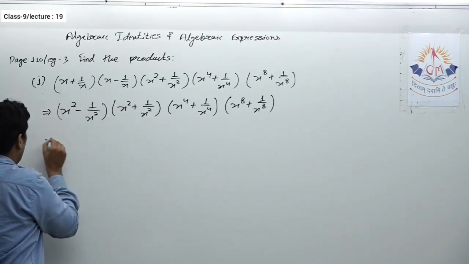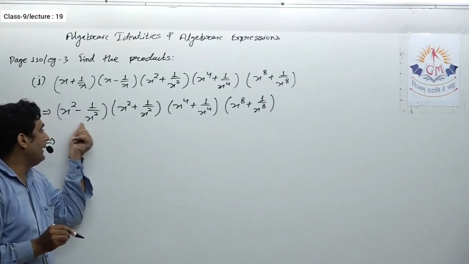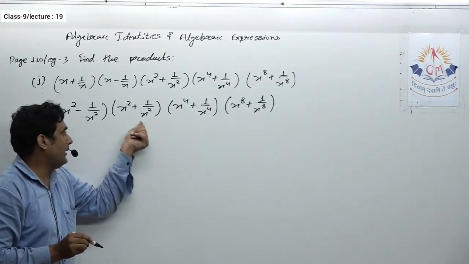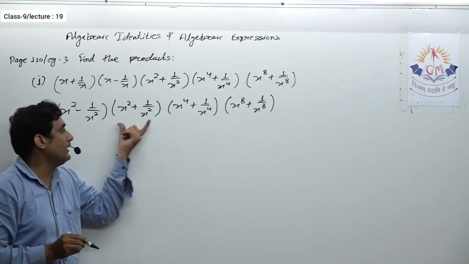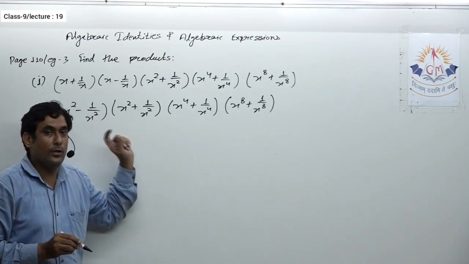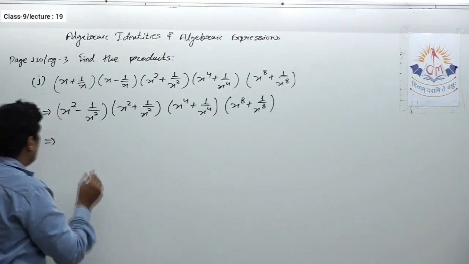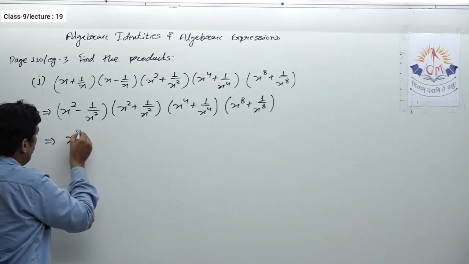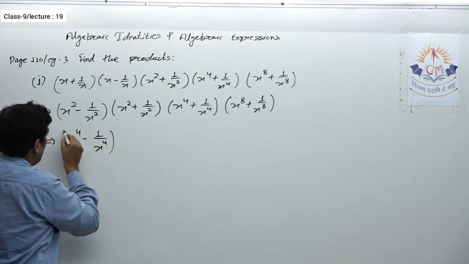Now again, if you observe these two, it is a minus b, a plus b. That is, this is the difference of two quantities and this is the sum of two quantities, and the quantities are the same, so their product gives you a square minus b square. That is x raised to 4 minus 1 upon x raised to 4.